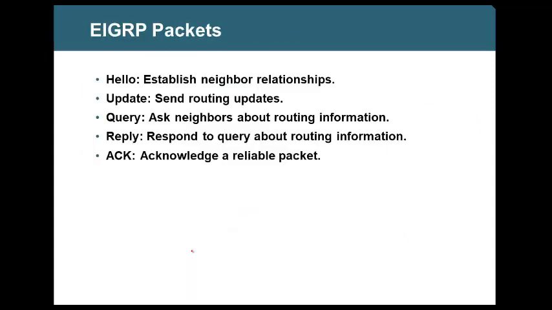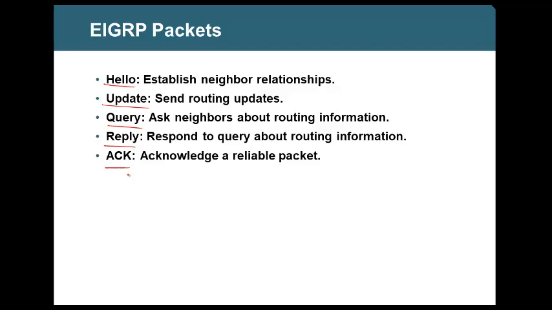Okay. Now the next fresh topic of the day here is the packet types in EIGRP. EIGRP has 5 different packet types. When you are doing a lab with Wireshark, you can easily capture and see them.